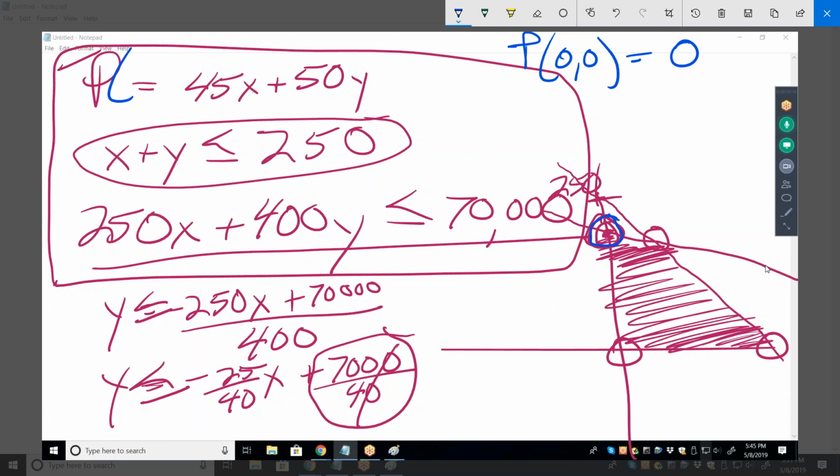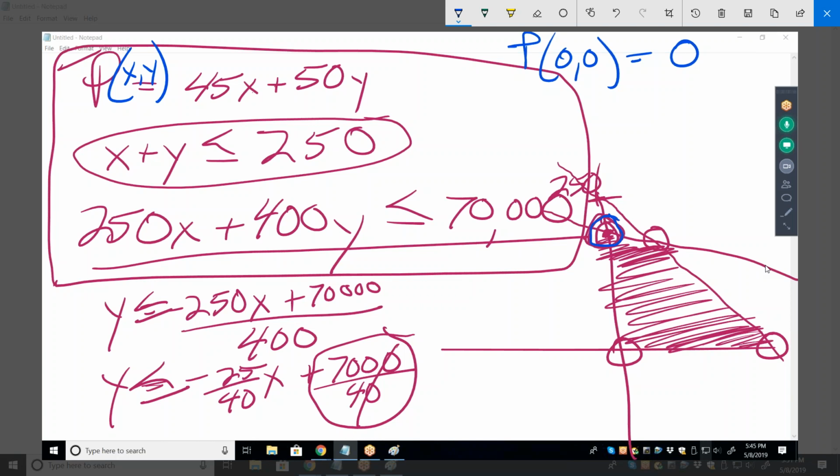This is actually P of x, y. You know the function notation f of x? That says it's a function of x. Well, this says that profit is a function of x and y. So it's written like this, P of x comma y.